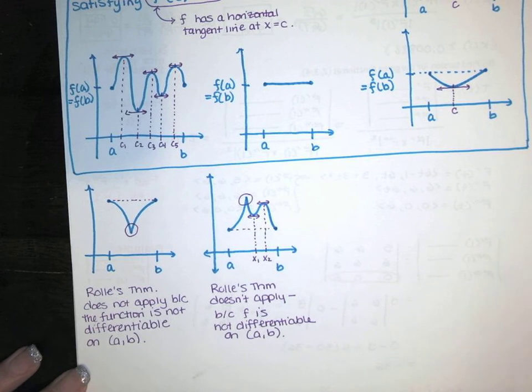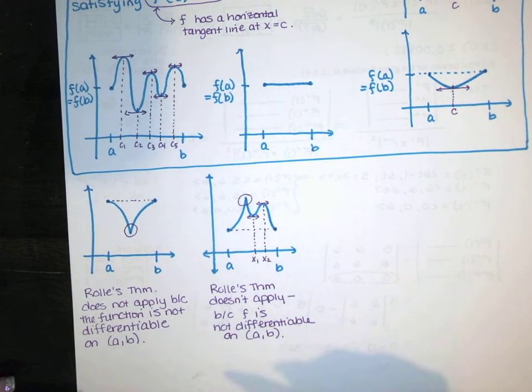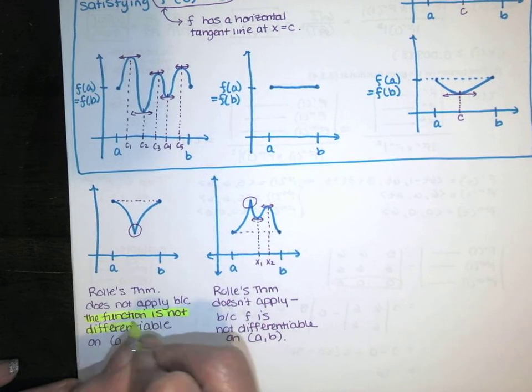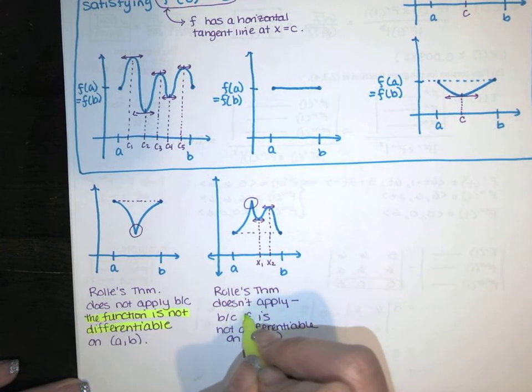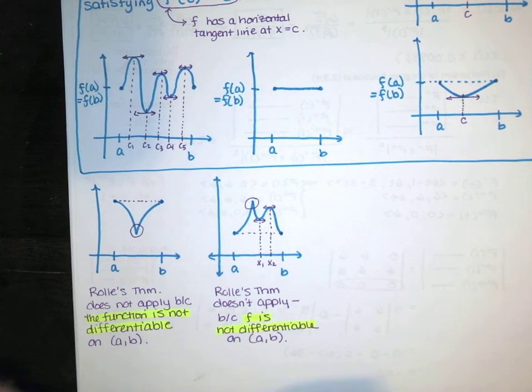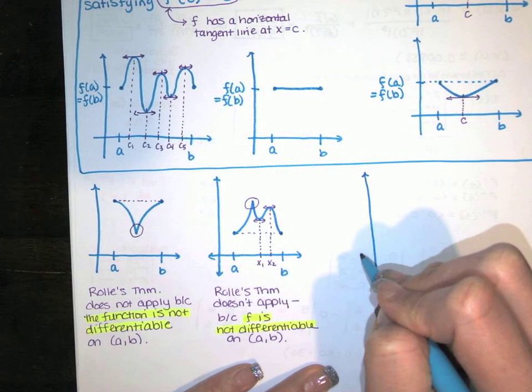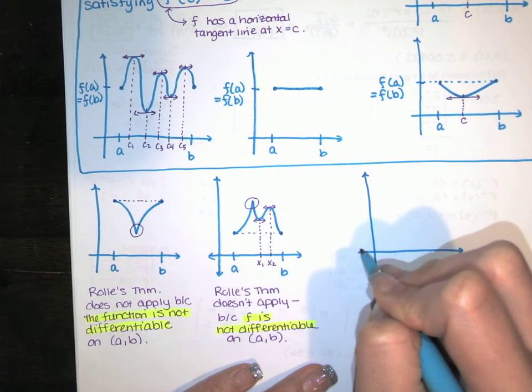So in these 2 examples, Rolle's theorem doesn't apply because the function is not differentiable. It might also be the case that Rolle's theorem doesn't apply, but for a different reason.